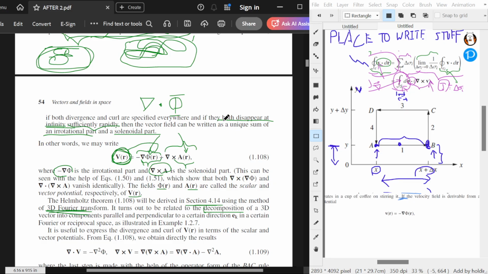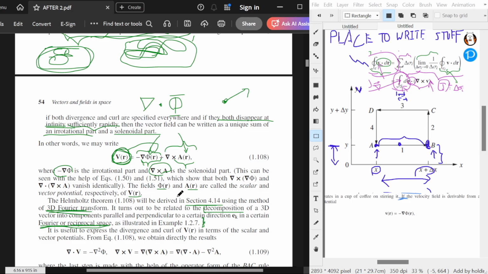Decomposition of a 3D vector, so a vector with three components, into parallel and perpendicular to a certain direction, ek, in a certain shenanigans, as we did in an earlier example.